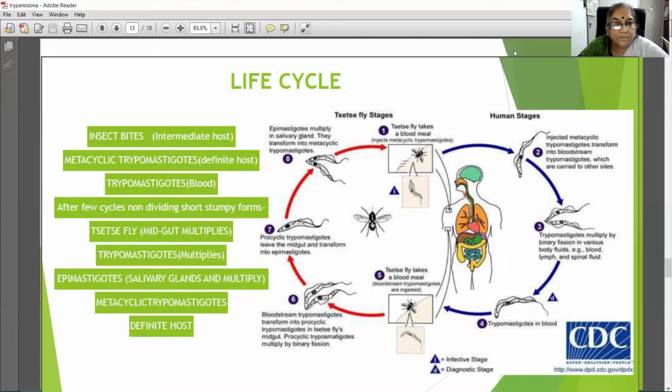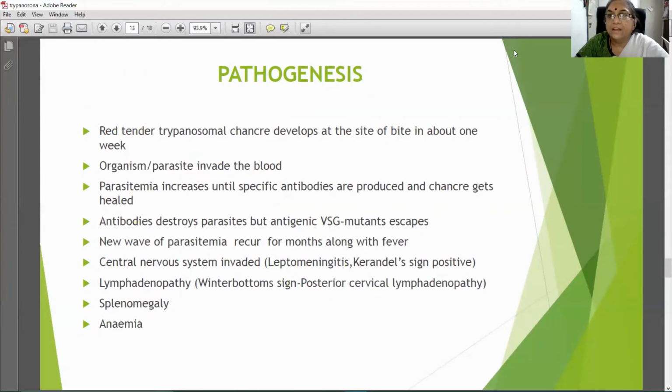Pathogenesis. A red, tender trypanosomal chancre develops at the site of the bite in about 1 week. So, as you saw, when the tsetse fly bites the human being, the person will come to know of the infection after 1 week, when a chancre, which is red in color, forms at the site of the bite.